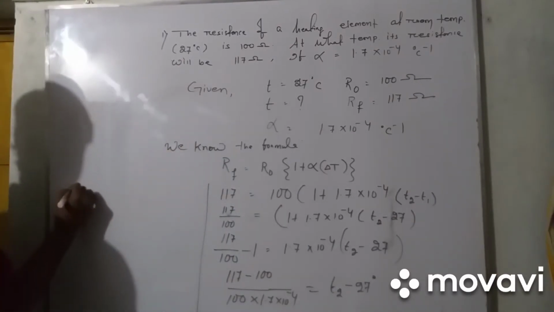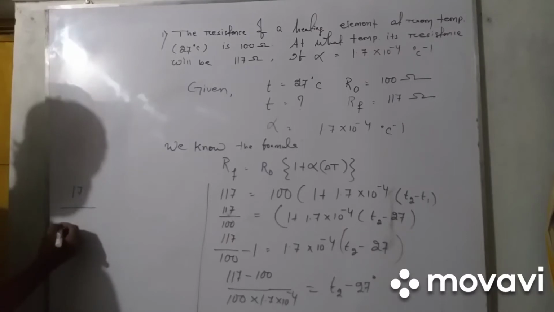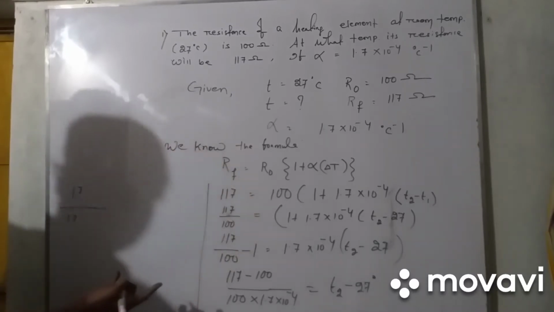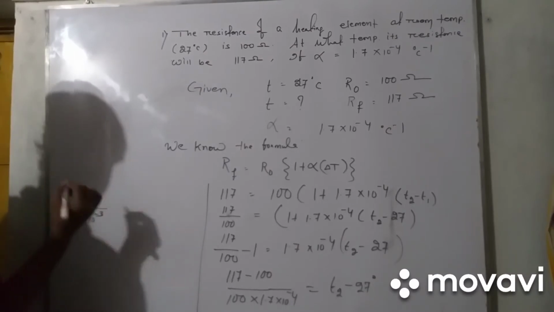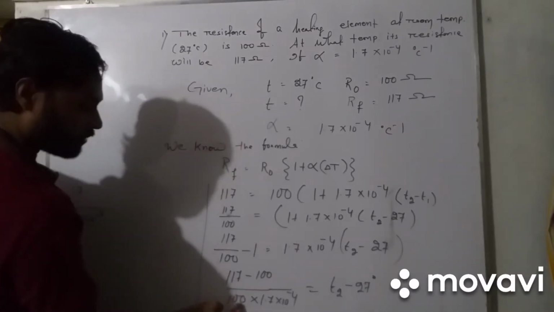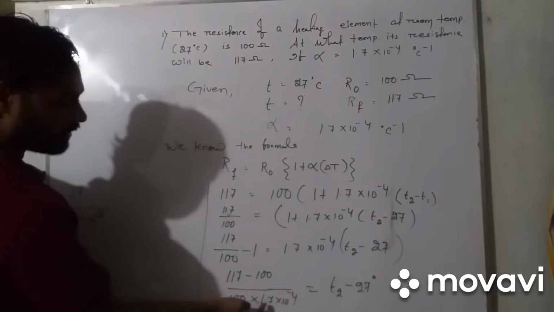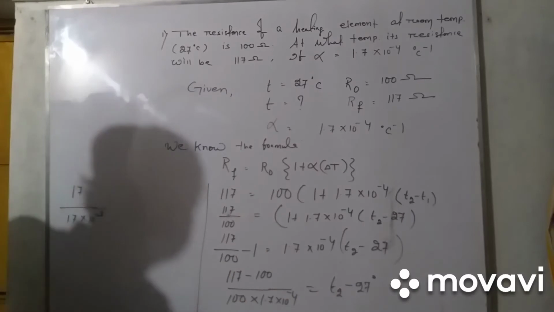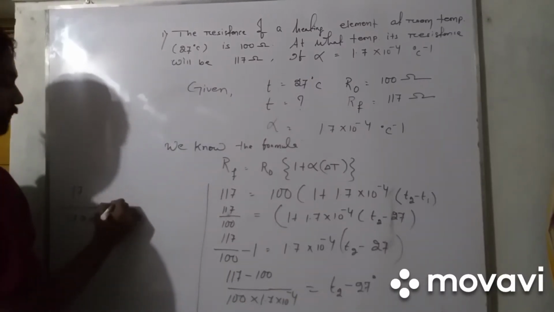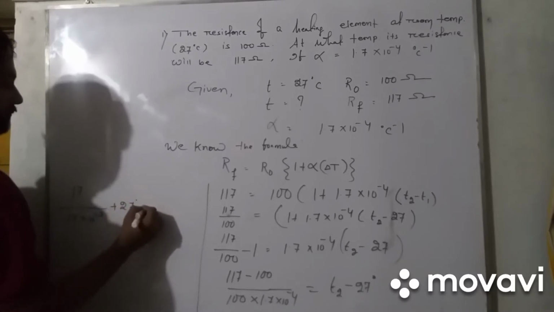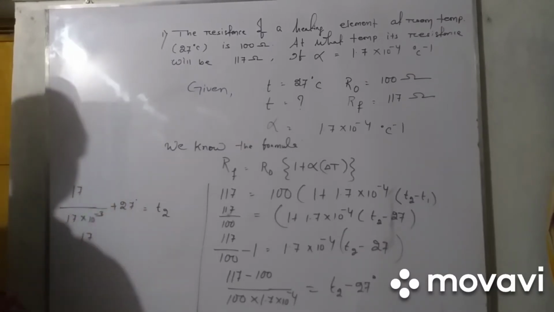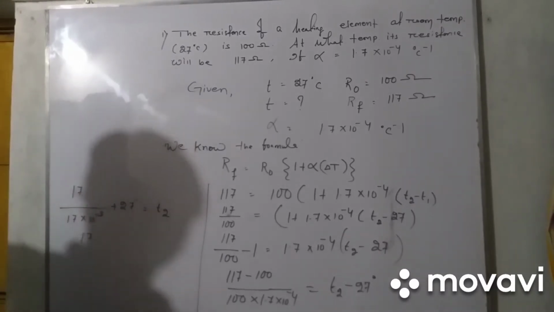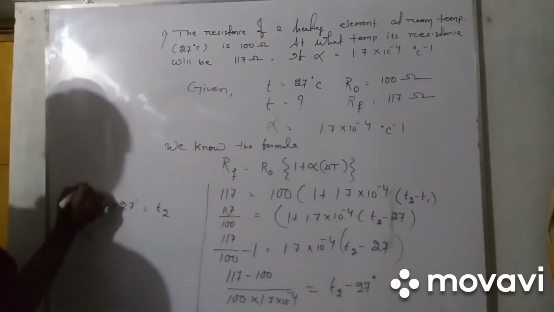That means 17 divided by 17 into 10 to the power minus 3, because 17 by 100 into 10 to the power 4 over 1.7, so that 17 cancels out.